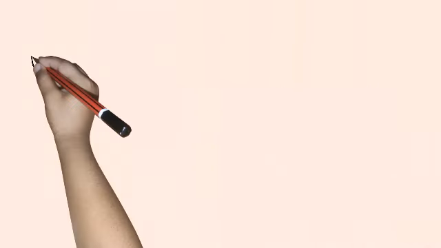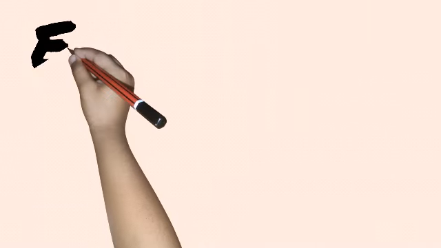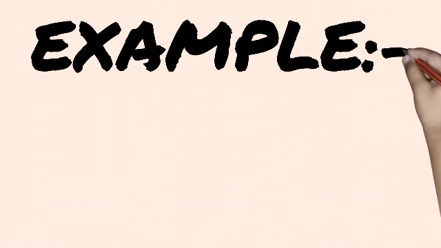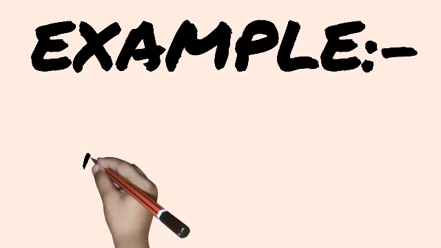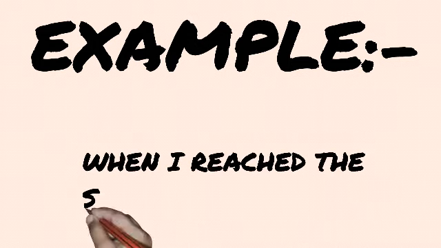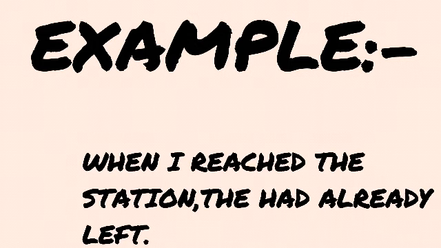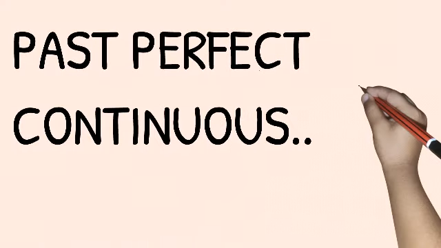Now we will look at a very common example which is mostly used in this case: when I reached the station, the train had already left. You arrived later, but the train had already left. Okay. So had left indicates the first event, and the simple past indicates the later event.